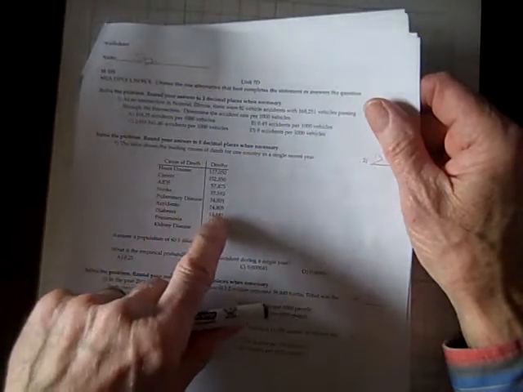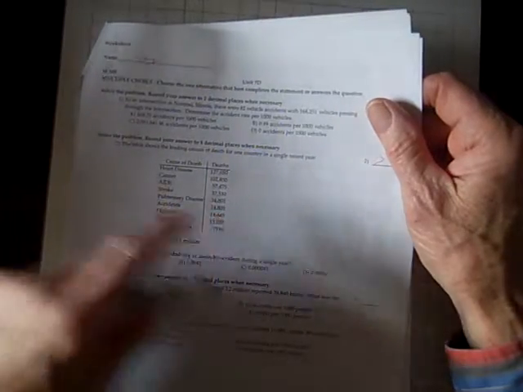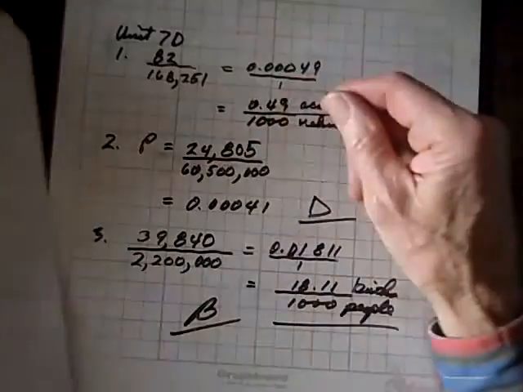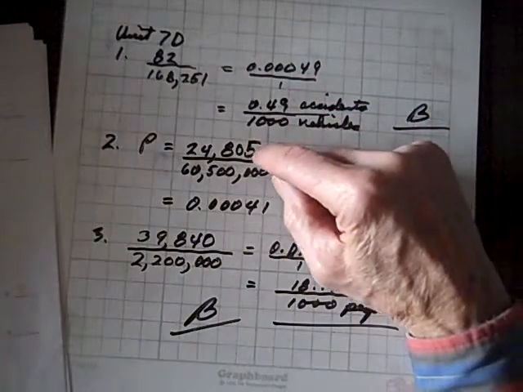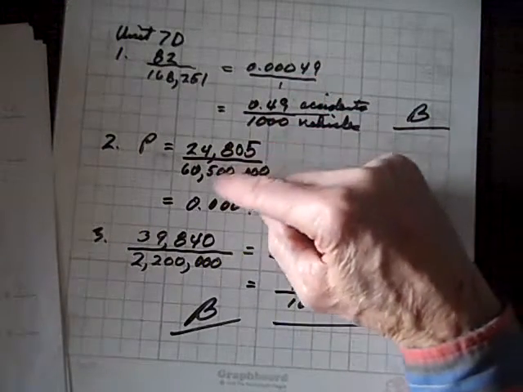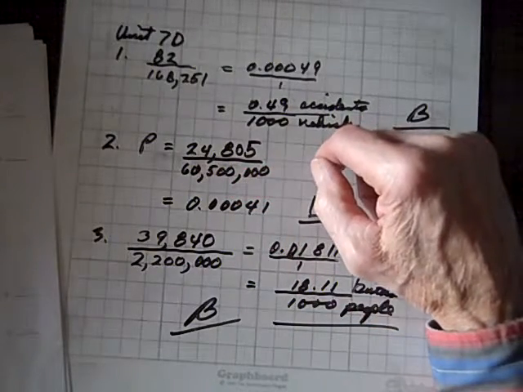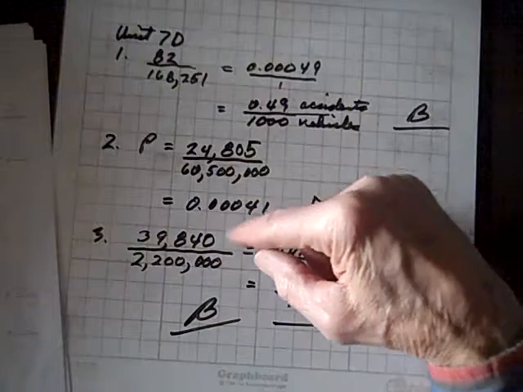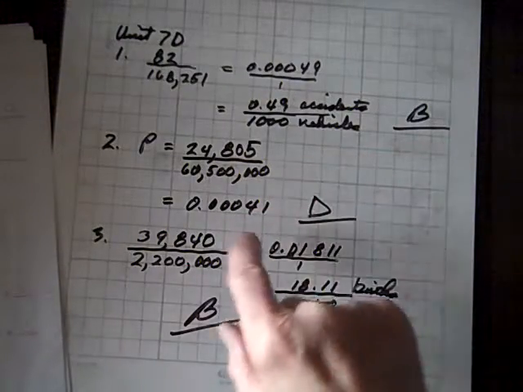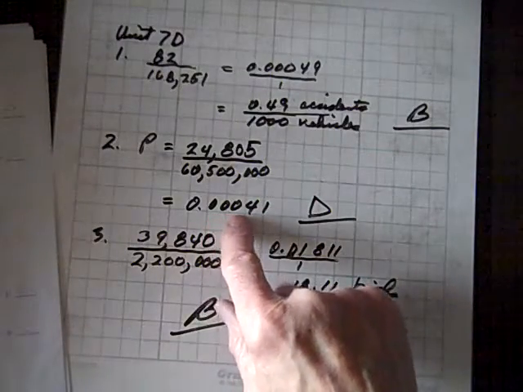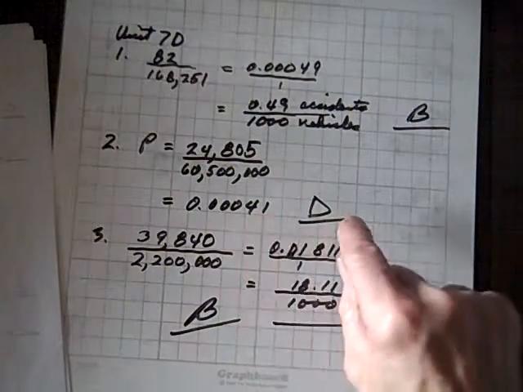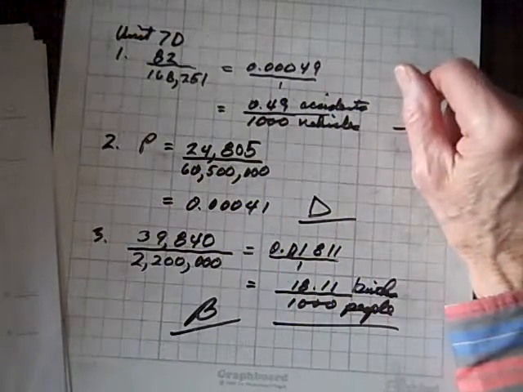And accidents account for 24,805 deaths. So we have 24,805 over 60,500,000 people, and that gives us a death rate of 0.00041, and that's selection D.